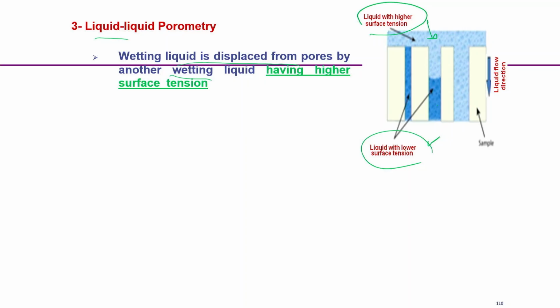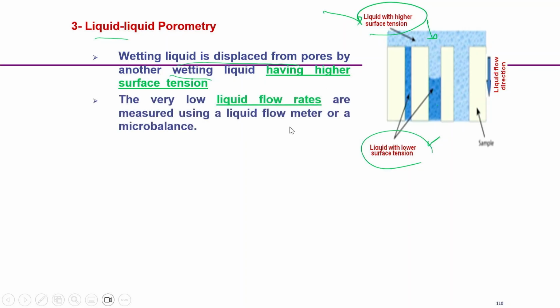Depending on the pore dimension, the pressure will change. Here, very low liquid flow rates are measured using the liquid flow porometer and micropore lens.